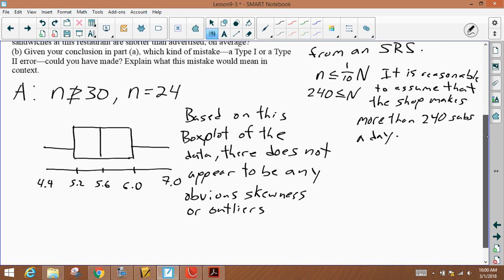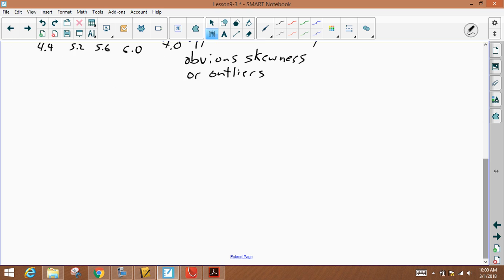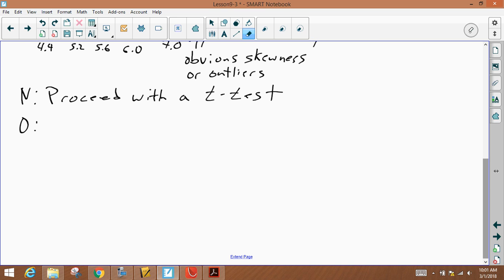All right, so there does not appear to be any obvious skewness or outliers. So what are we going to do? We will proceed with a t-test.